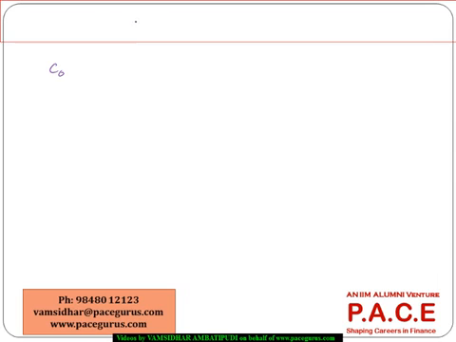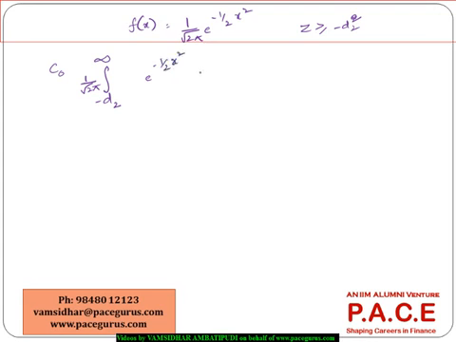I know that the density function for a standard normal variable is 1 by root 2 pi e power minus half x squared, and from there I can find out if I want Z greater than or equal to minus d2. It's as good as taking the integral from minus d2 to infinity of 1 by root 2 pi e to the power of minus half x squared dx.